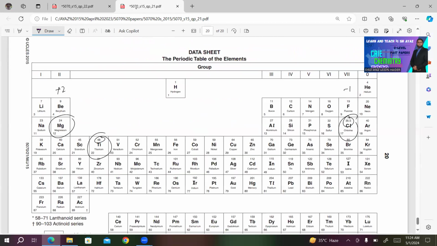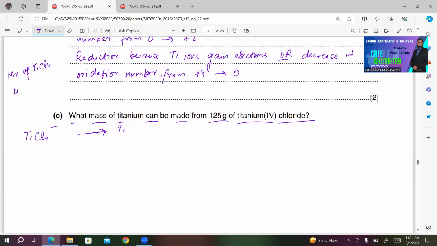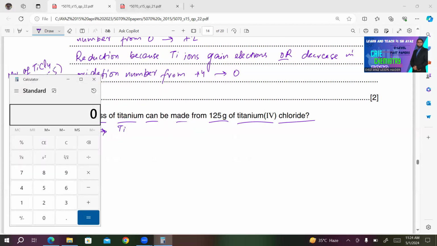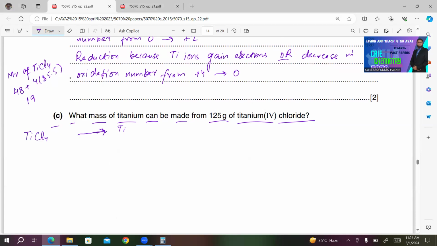So 48 plus 4 multiplied by 35.5. 35.5 multiplied by 4 plus 48 is 190. 190 is the MR of TiCl4. So you will consider 190 grams gives, AR of Ti is 48, so you write 48 grams.